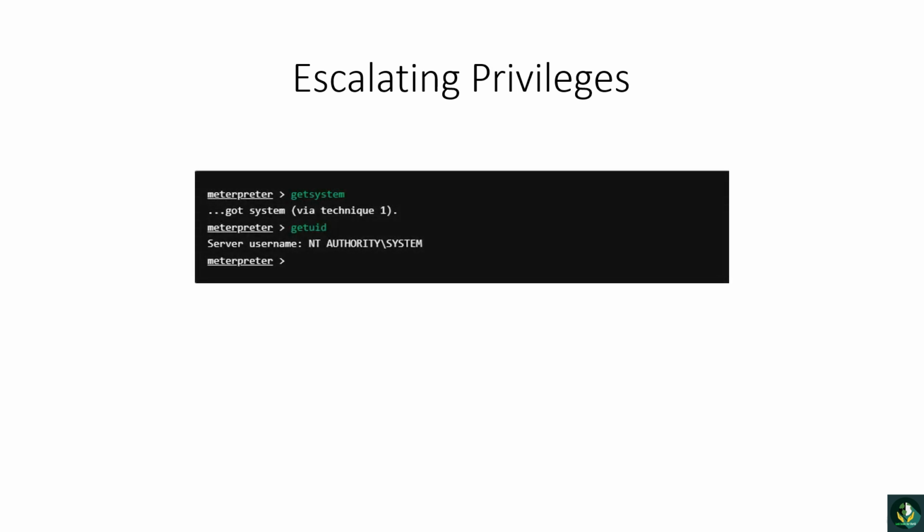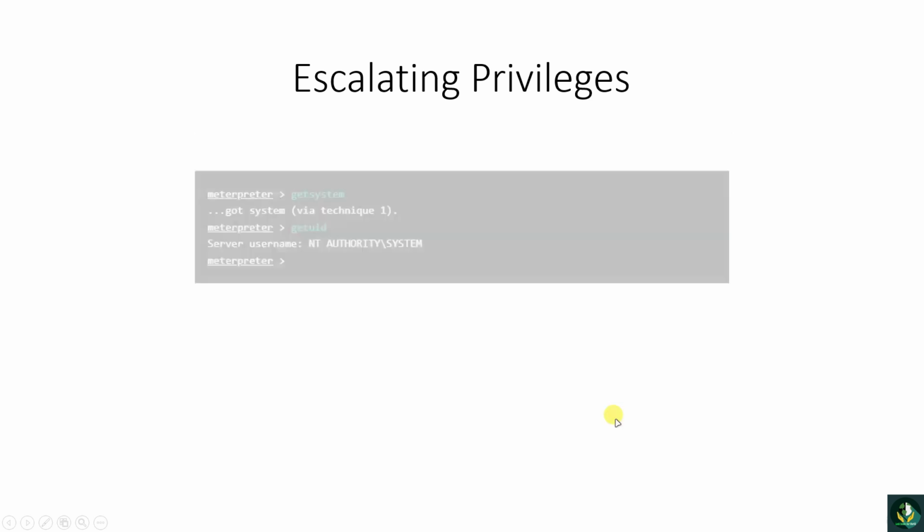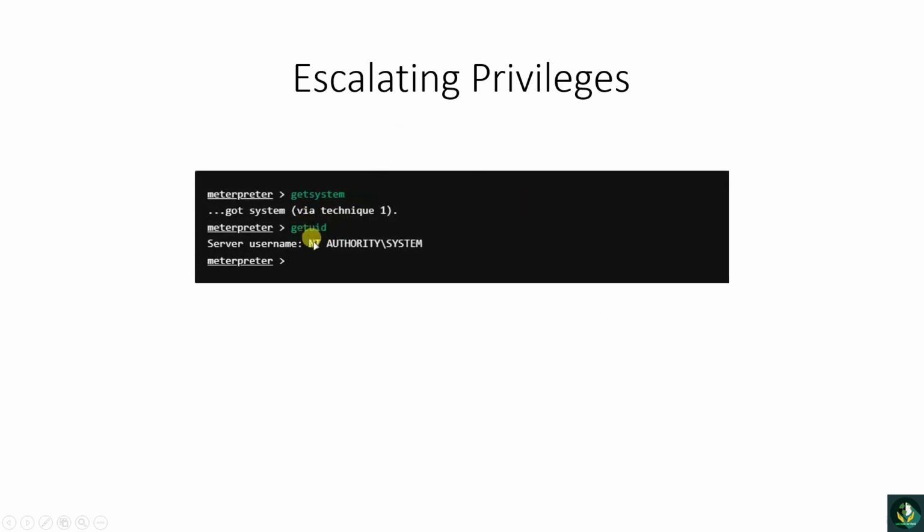Just simply type getsystem, and it got us system via technique 1, which is the in-memory admin. As you can see, after typing getuid, it gives you the authority of system administration with just a simple one command.